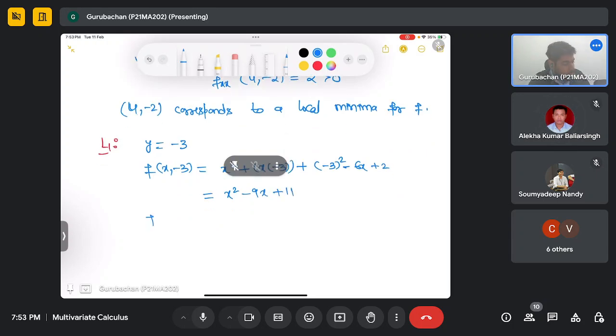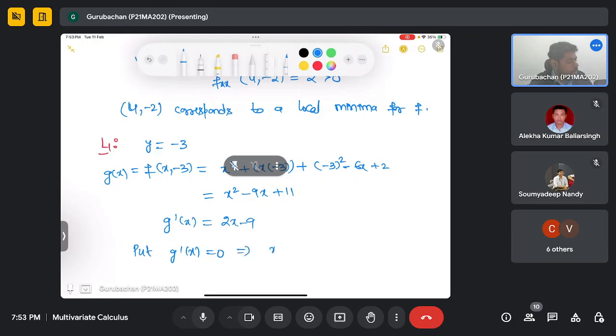So now it is a function of single variable. Suppose some function g of x. Now you need to apply the theory of single variable, that is g dash x will be 2x minus 9. Put g dash x equal to 0.